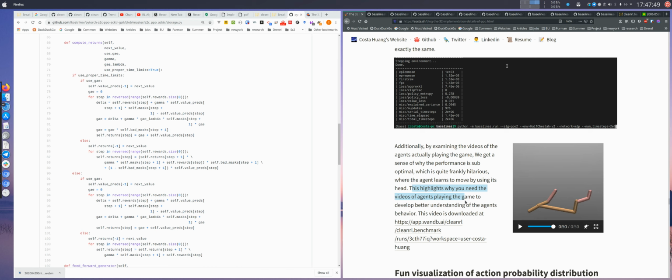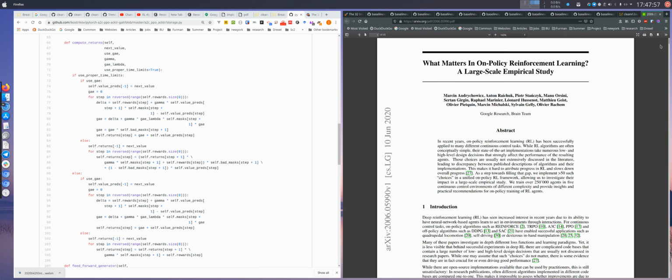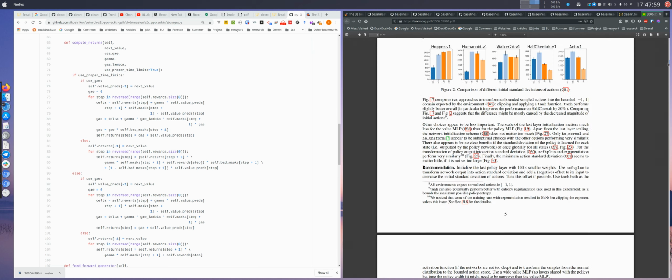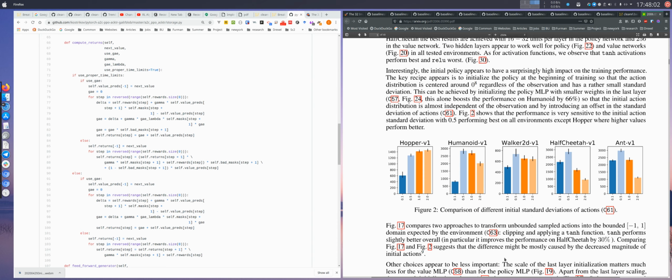So I say this highlights why you need the videos of the agents playing the game to develop a better understanding of the agent behavior. And this is the case with the empirical investigation shown over here. In fact, if you read the paper, all of them have cheetah environments. So for example, when using the default setting, it reaches 1500. So that is the exact result that we get.